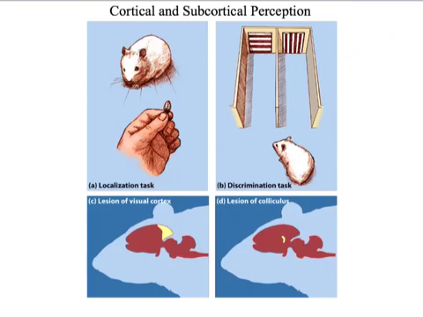Now, this was an experiment to look at the differences between a cortical lesion, in particular here they lesioned the visual cortex, and a subcortical lesion. In this case, it would be a lesion of the colliculus. And if you remember from the basic anatomy of the visual system, there are projections to the colliculus that are involved in vision.